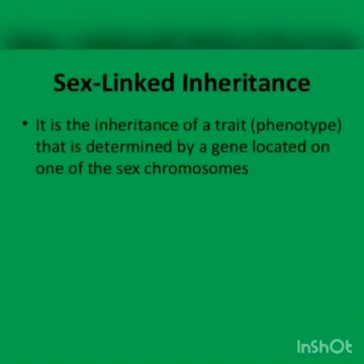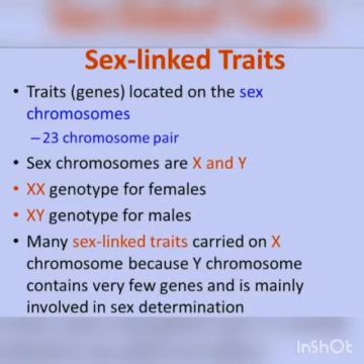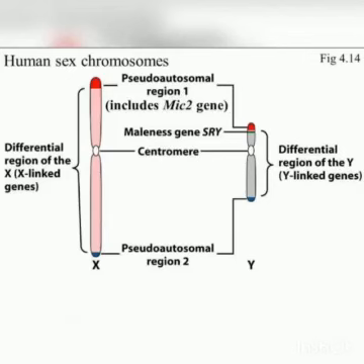Sex-linked inheritance. The inheritance of a trait that is determined by a gene located on one of the sex chromosomes is called sex-linked inheritance. The genes present on the differential region of the X or Y chromosome are called sex-linked genes. The genes present in the differential region of the X chromosome are X-linked genes.